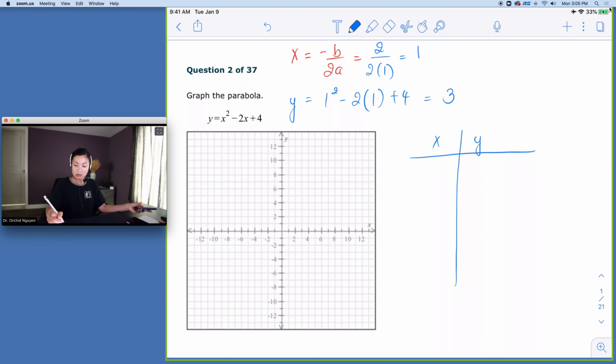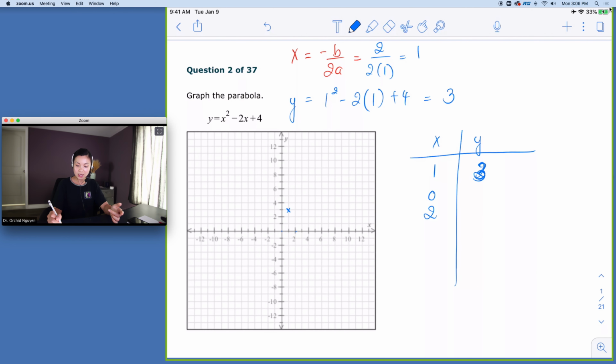So here, I want you to go from the vertex. You can see that the vertex is (1, 3). So I'm going to locate the vertex (1, 3). It's right here. You're going to pick the points left and right of the vertex. So I'm going to pick 0 and 2, and we should get the same y for those points.